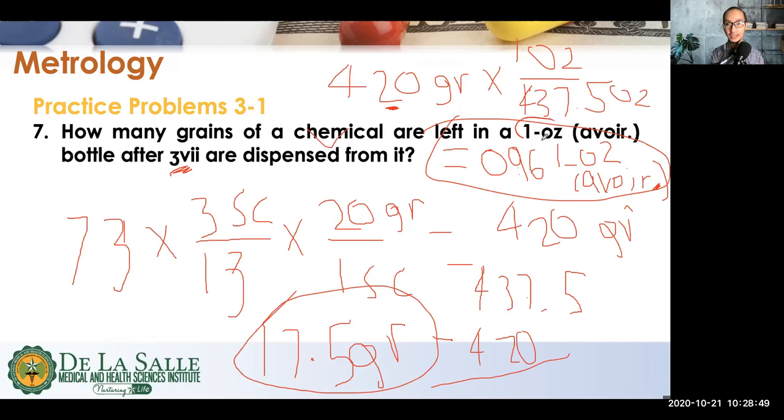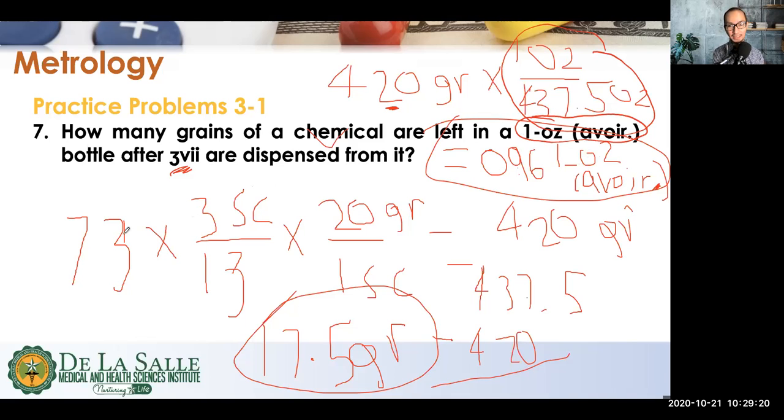Because the original amount of the substance is 1 avoirdupois ounce, you will subtract 0.96 from 1 avoirdupois ounce. You will get the avoirdupois ounce that is remaining when you take the chemical from it, and then you will again use this conversion factor to convert the avoirdupois ounce to grains. That is also possible, but that is the longer way. So there is a shortcut.